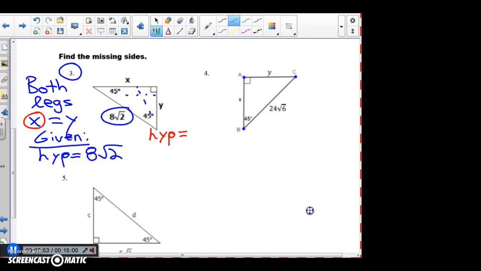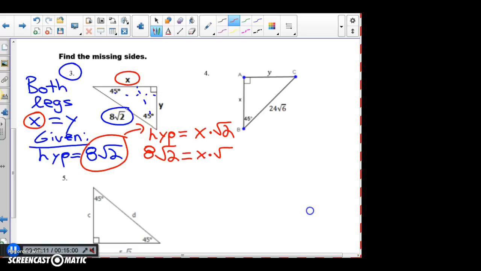We'll do X, why not? That's everyone's favorite, and whatever X is, Y is the same thing. So it's going to be equal to that leg value, X, times square root 2. Oh, well, I know my hypotenuse, so I'm going to fill that in. 8 square root 2 equals X times square root 2.